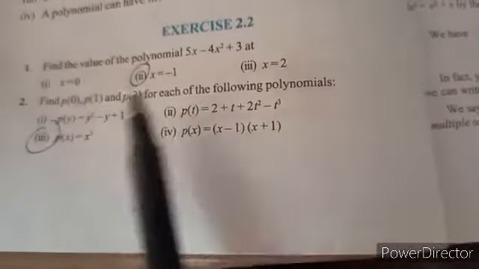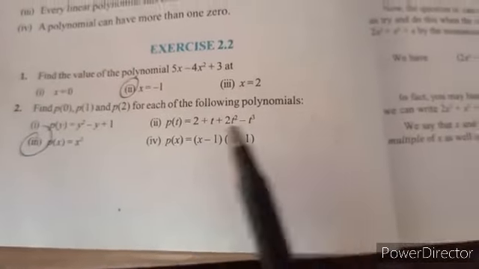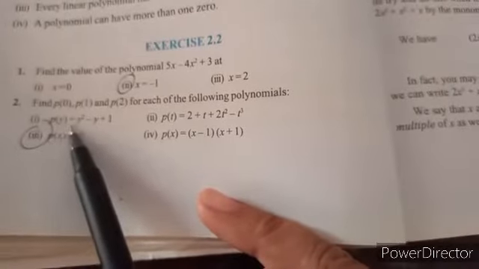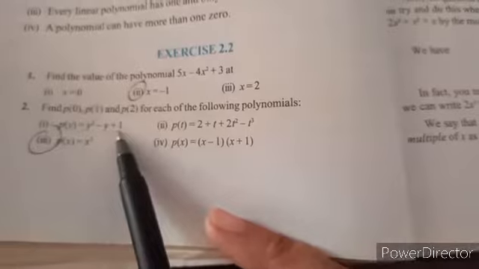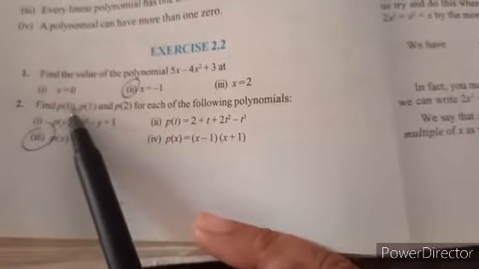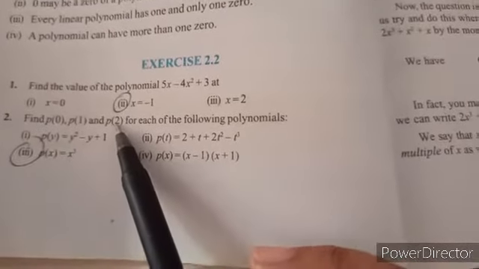Similarly, if you go for the second question: find p of 0, p of 1 and p of 2 for each of the following polynomials. Now your polynomial is given here, p of y equal to y square minus y plus 1. That means in place of y you have to first put the value 0, then the value 1, then the value 2.